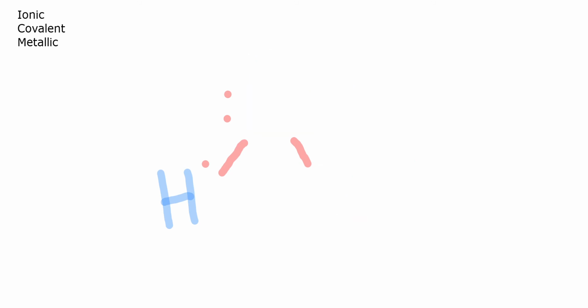Okay, so then we have metallic bonding, which I think a lot of people call a sea of electrons. Metallic bonding is only in the transition metals.